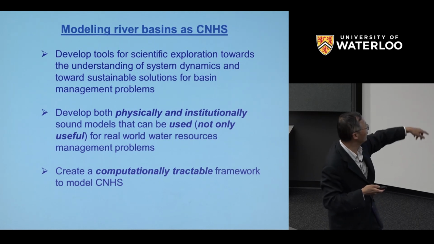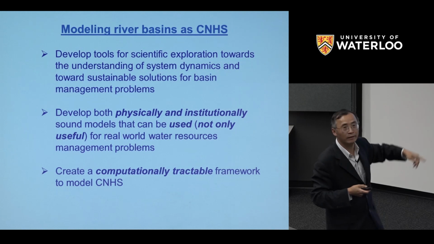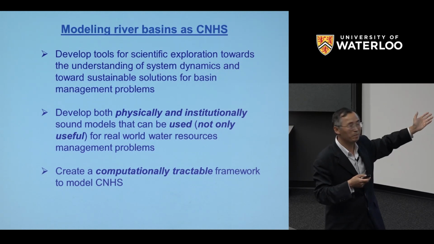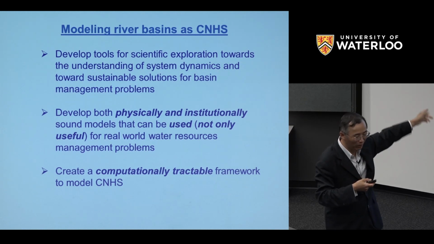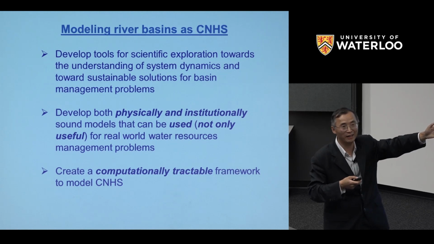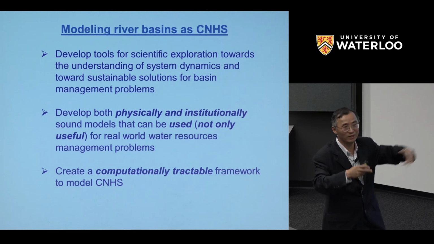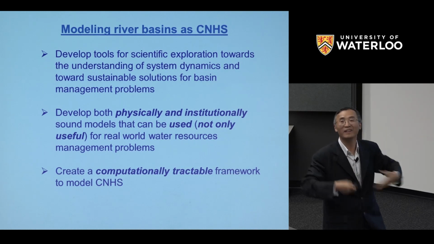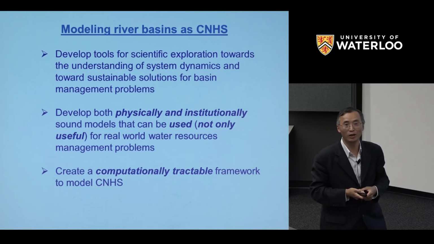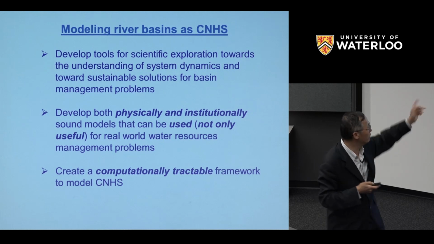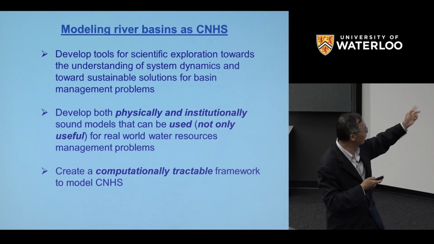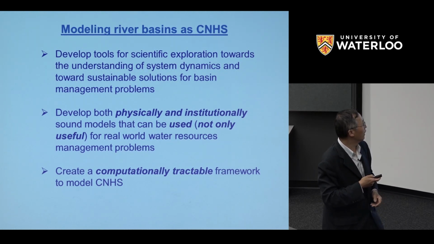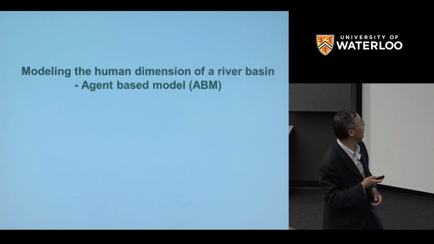I will show that. And the last point is that on the hydrology side or the water management side, some of those models are very difficult to solve. If we combine them together, then the challenge on the solution could be even larger. So how could we develop a computationally tractable framework? That's also an issue, right?